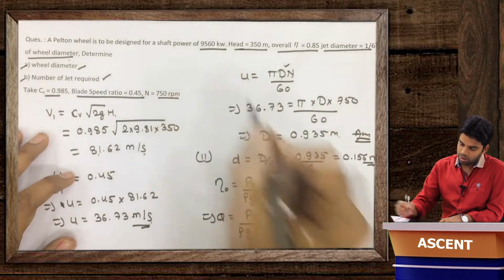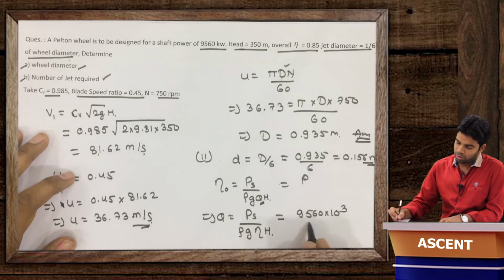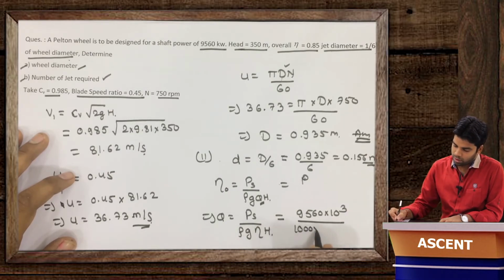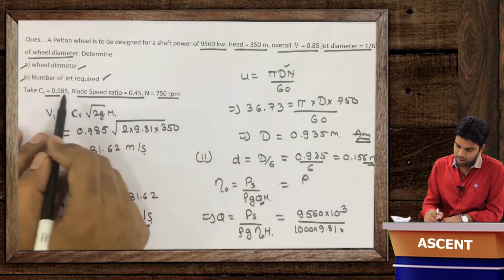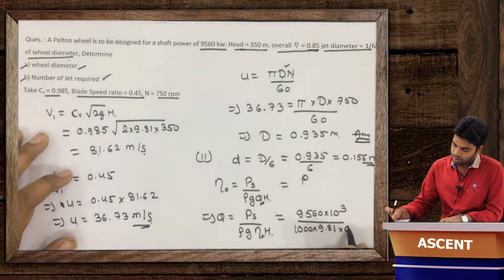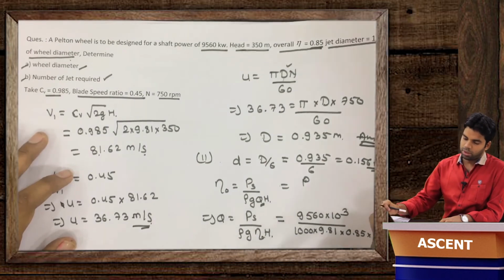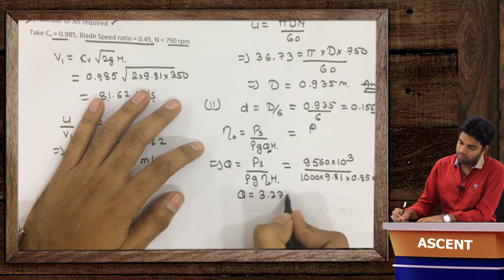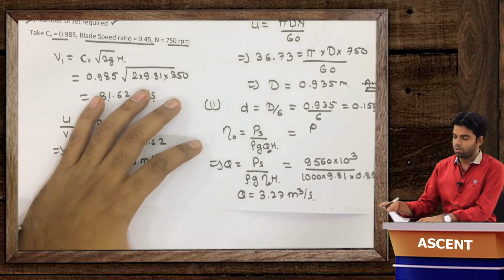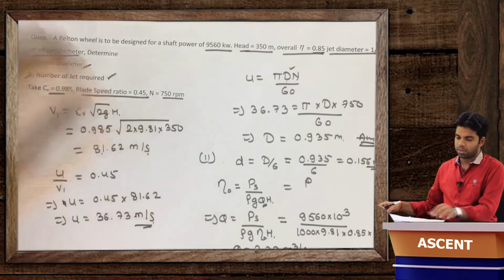Shaft power is given as how much? 9560 kilowatt into 10 raised to power 3 watt, divided by rho 1000, g 9.81. Overall efficiency is given as 0.85 into head is given as 350. So from here this Q will be equal to 3.27 meter cube per second. So you can determine the value of Q from here, which is 3.27 meter cube per second.